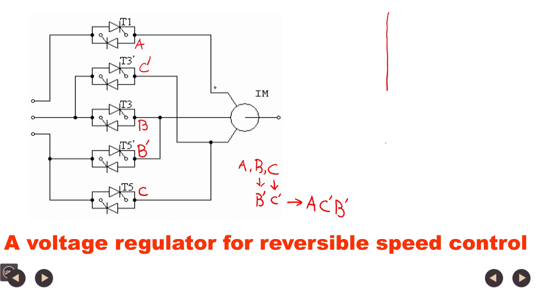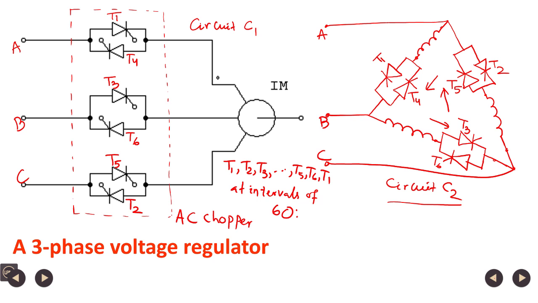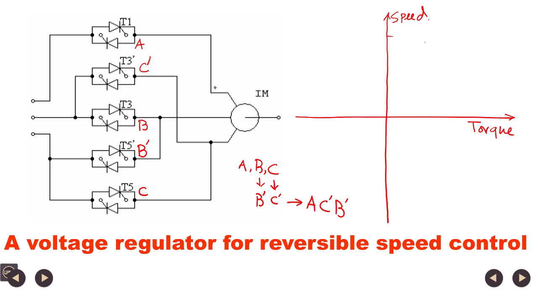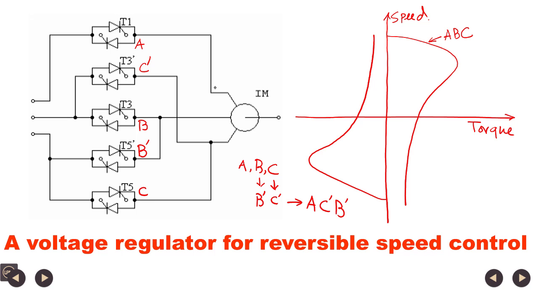And how is the speed torque graph changed? So, this is the speed versus torque graph with phase sequence A, B, C. When phase sequence is changed to A, C dash, B dash, this is the graph, the speed versus torque characteristics for reverse phase sequence A, C dash, B dash.